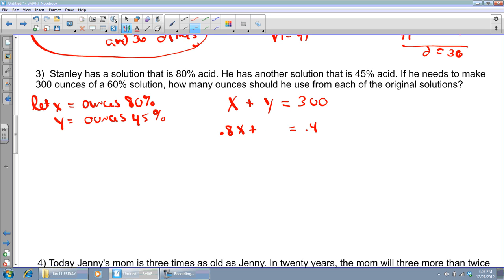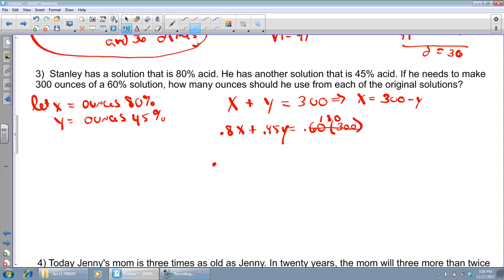And so here I should have 0.45 Y, and then of course I should have 0.6 times 300. Now, 10% of 300 is 30. 6 30s would be 180, right? Yeah, so it'd be 180. Okay, I'm going to solve for X, I believe. 300 minus Y.